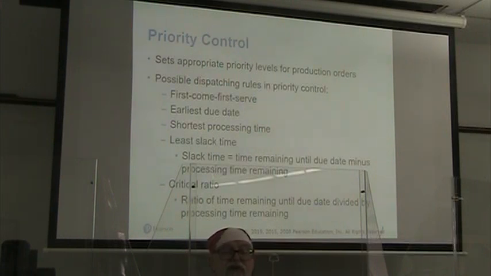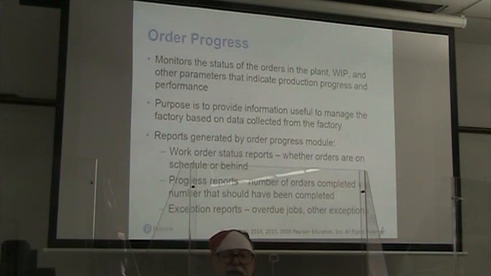First come, first serve, usually known as FIFO for first in, first out. The earliest due date is another very popular rule of priority control. Shortest processing time, the least slack time. So our slack time is the time remaining until the due date minus the processing time remaining.